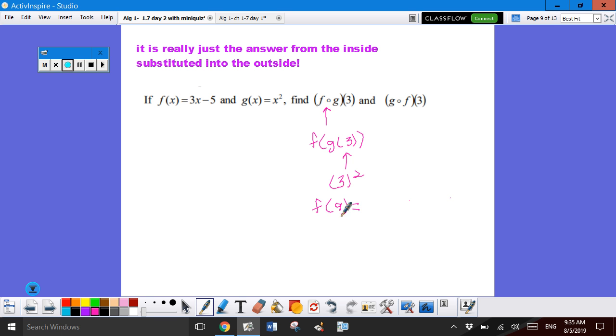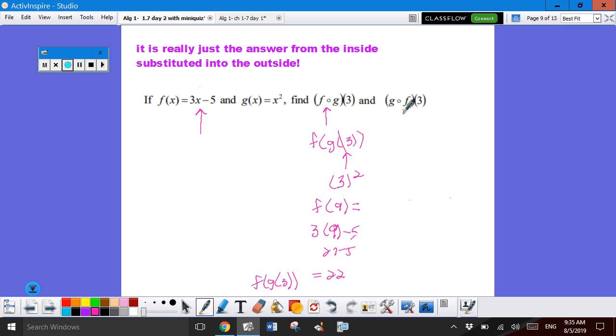So now the 9 has to go into this function because that's my f function. So 3 times the 9 minus 5. 27 minus 5 is going to bring me to 22. So my f of g of 3 is actually 22.